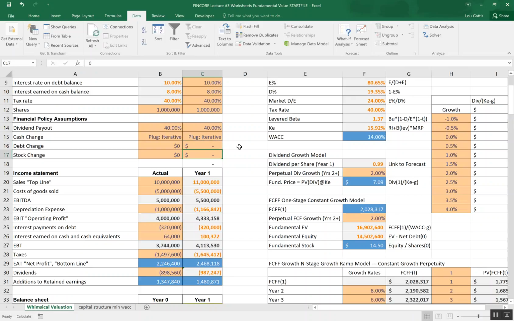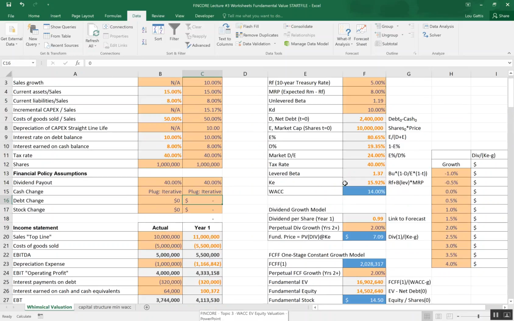Free cash flows of the firm. If I buy back $100,000 of stock, free cash flows are unchanged. All right. So you see that free cash flows to the firm are unaffected by capital structure, right? Because free cash flows of the firm are cash flows before interest payments. However, there is an effect on WACC.